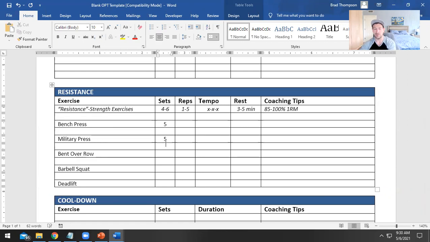And you would do maybe 5 sets, and maybe around 5 reps. And the tempo, like I said, XXX. And 3 minutes rest.